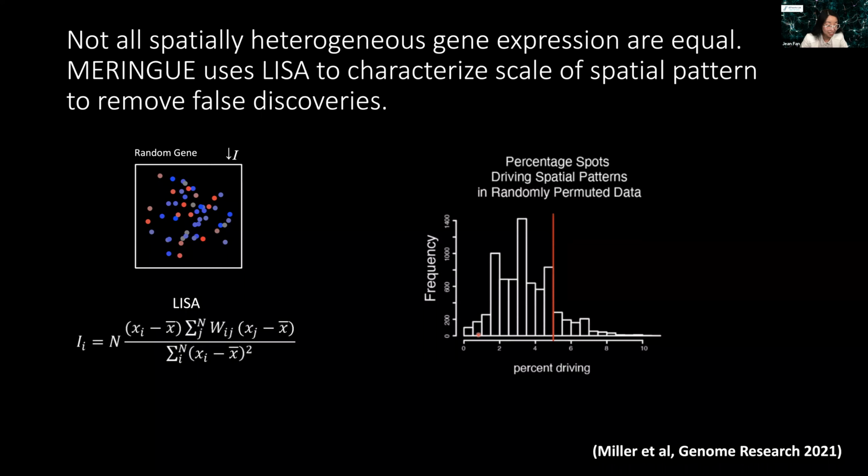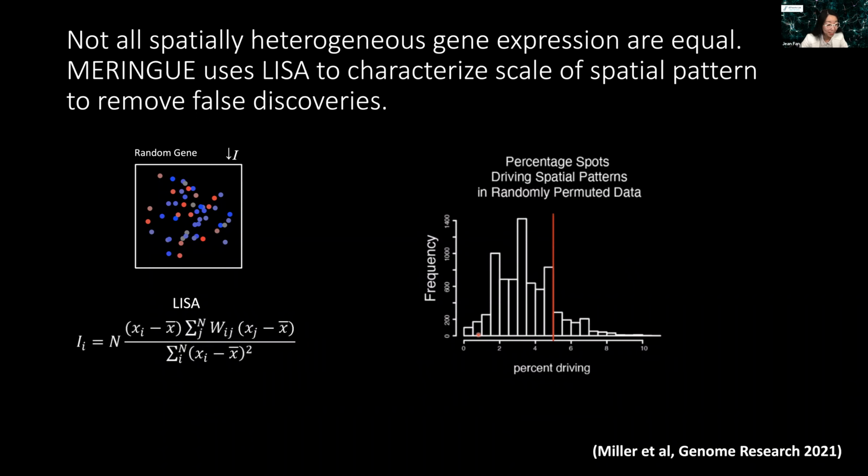One additional thing we've noticed when we borrow from these geospatial analyses for the biological domain is that not all spatially heterogeneous gene expression patterns are equal. In biology, we are often interested in not just spatial patterns driven by a single hotspot, for example. We often would like to see spatial patterns driven by a larger percentage of cells.